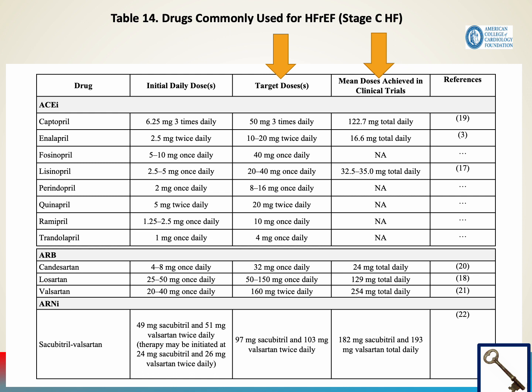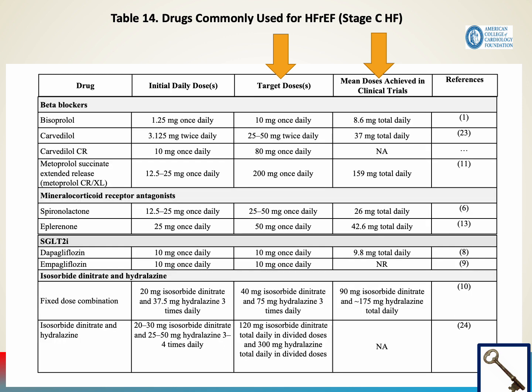And so what you'll find is that for the most part, whether you're picking an ACE or an ARB, a neprilysin inhibitor, whether you're talking about spironolactone, whether you're talking about SGLT2s, whatever, there's a particular dose you're going to shoot for and keep going up until the patient doesn't tolerate it. Because you really want to improve morbidity and mortality when we know that these are agents that improve them.